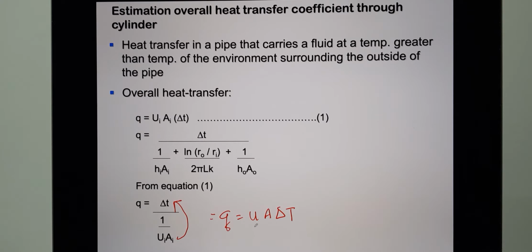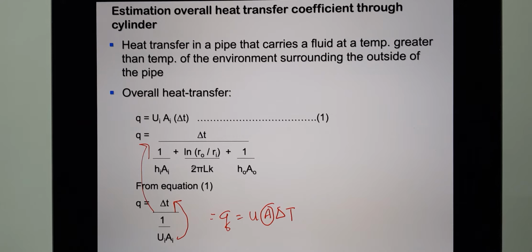Because when we rearrange the equation, you will still get Q equals UA delta T. But when it involves a cylinder, we need to calculate the value for A. So from this equation, we put it here: Q equals delta T over 1 per HiAi, where Hi is the heat transfer coefficient for the inner part, plus ln Ro over Ri, divided by 2 pi Lk, plus 1 over HoAo. Why do you need to deal with R?